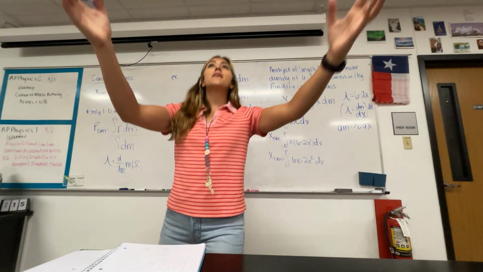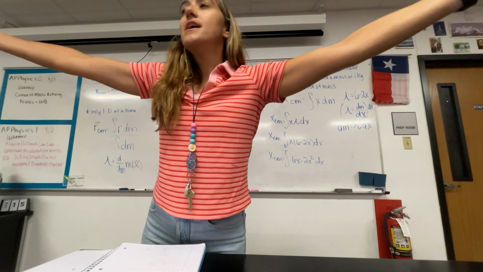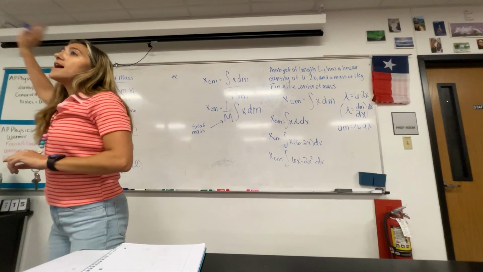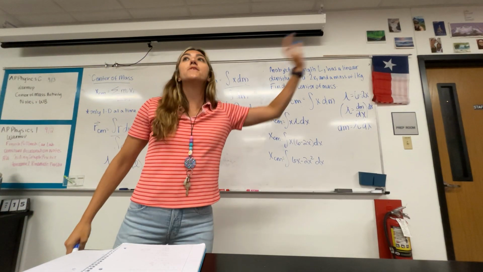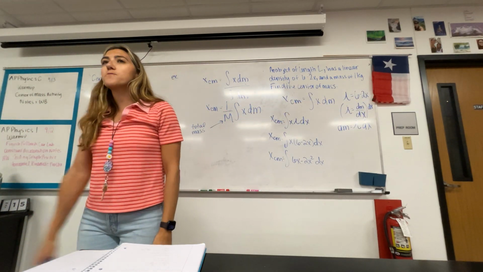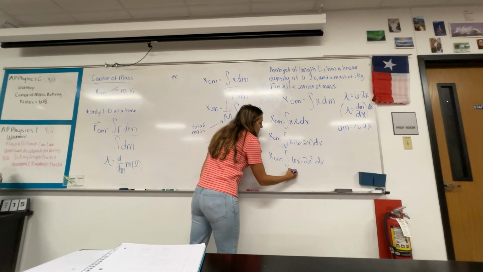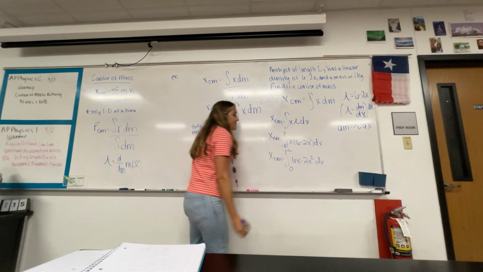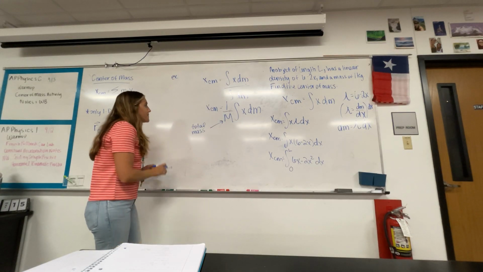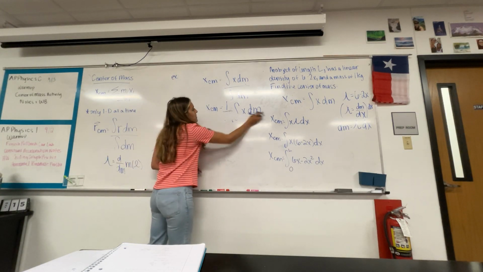Because the center of mass can't be everywhere. It can't be all the way over there, 4 L's away. It can't be 18 million L's away. It can only be somewhere between 0 and L. So I'm going to integrate from 0 to L.